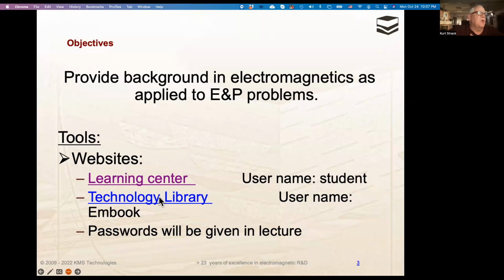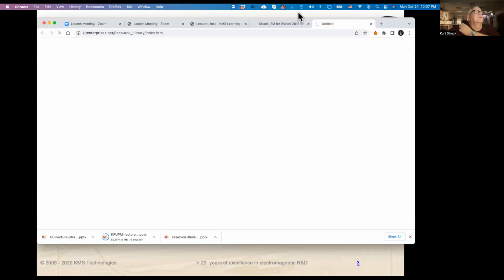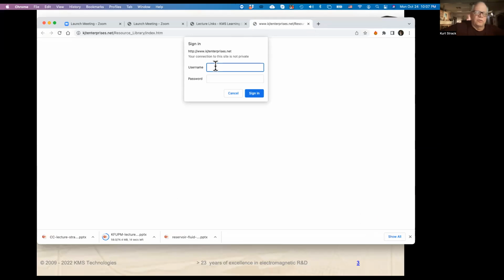Then I have given you access also to the technology library, and you click on the technology library. And the username is embook, and the password is greatyear. One word, lowercase.